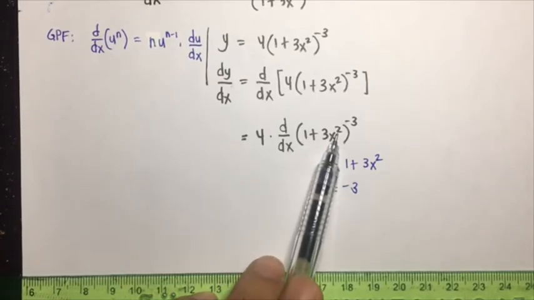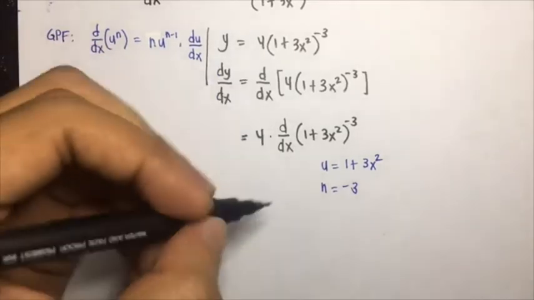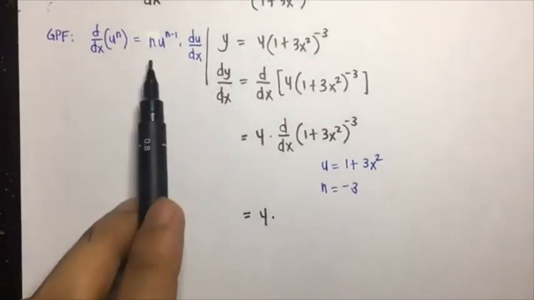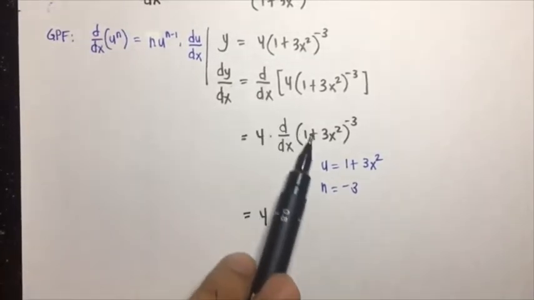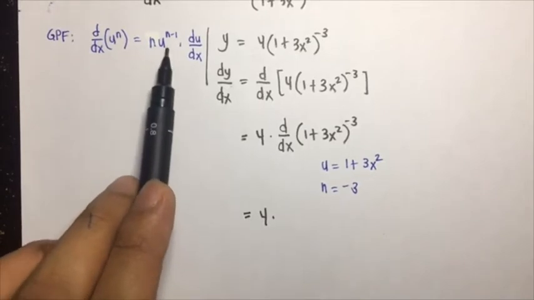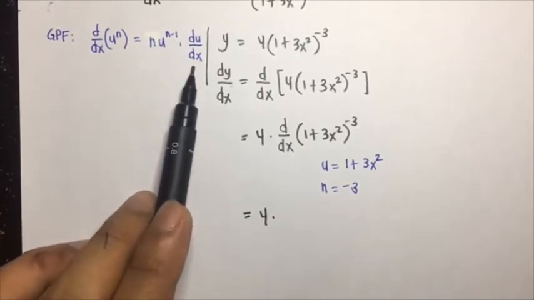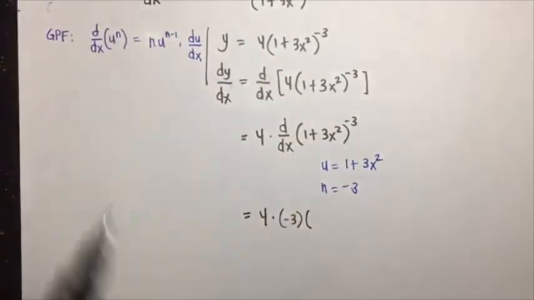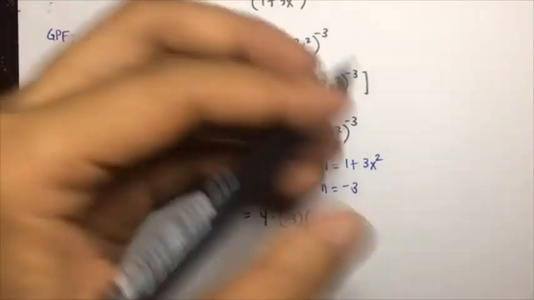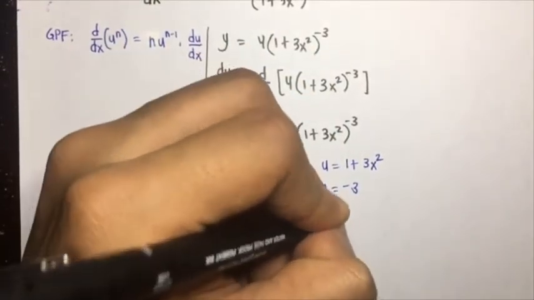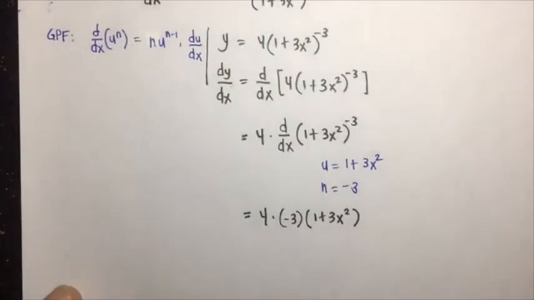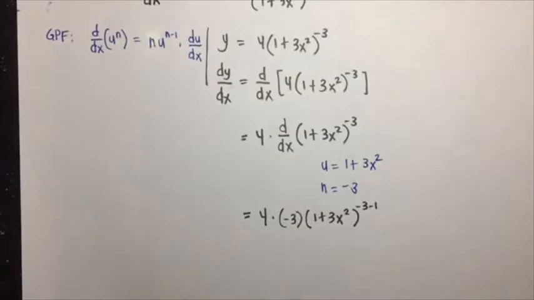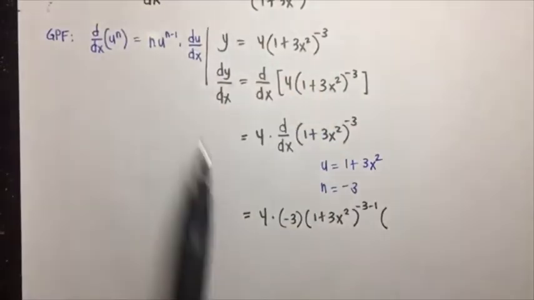Okay, so imagine that this is our u, the 1 plus 3x squared, and then apply the general power formula. It will become 4 multiplied by n u raised to n minus 1 times du over dx. Our n is negative 3, our u is 1 plus 3x squared, raised to n minus 1, that is negative 3 minus 1, multiplied by du over dx.